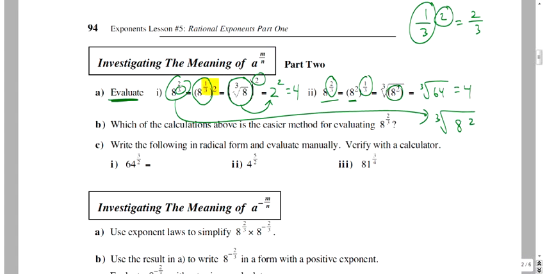I get 4. You're going to want to do the one that's easier. Doesn't matter which order you do this in. It's like multiplication. Doesn't matter if you go 2 times 3, it's the same as 3 times 2. So you can do either first, square versus cubed root.